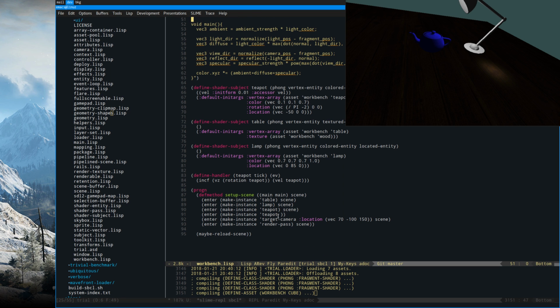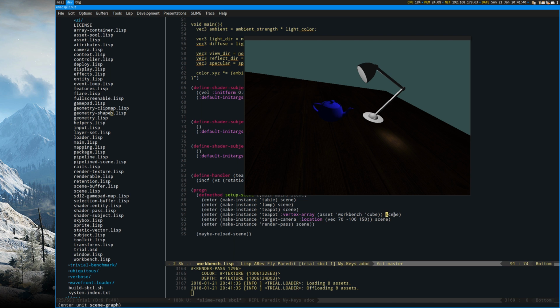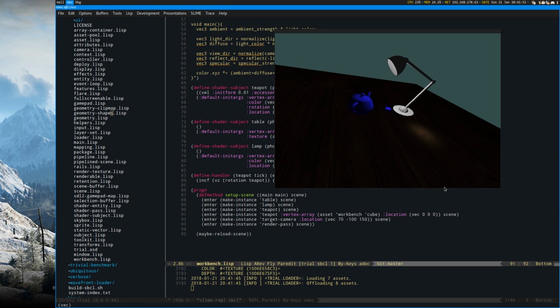A little one. Where's it at? Inside the thing. There it is. All right. Lift that up. There is a cube.